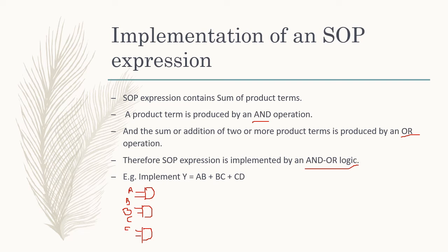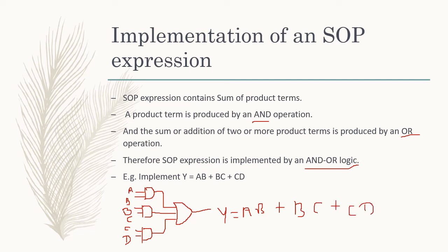Okay, and there is addition of all these three terms, so that's why we are taking a three-input OR gate here for doing the addition of these three. And now this becomes the circuit for the given expression, which is y equals AB plus BC plus CD.